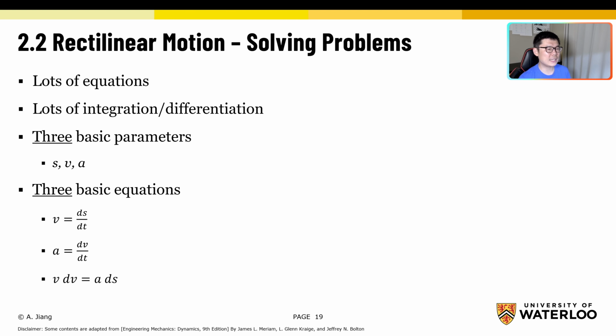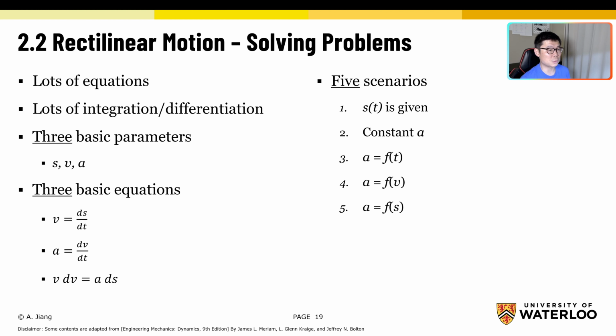However, taking a step back, they are all derived from these 3 basic relations with 3 basic variables, s, v, and a. The 5 scenarios we looked at are listed here, and all of the equations we're going to use in any of those scenarios are derived from those 3 basic parameters and 3 basic equations.